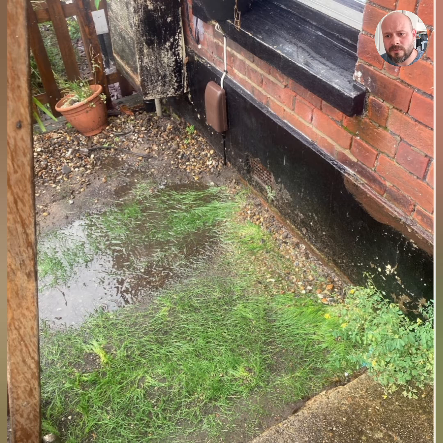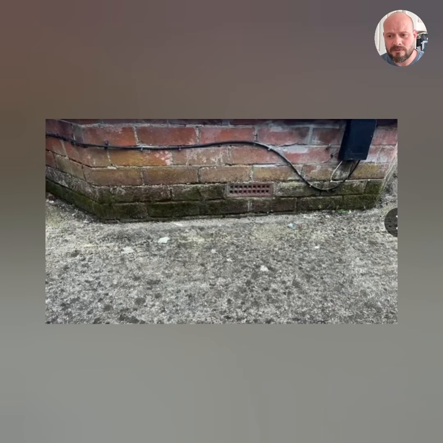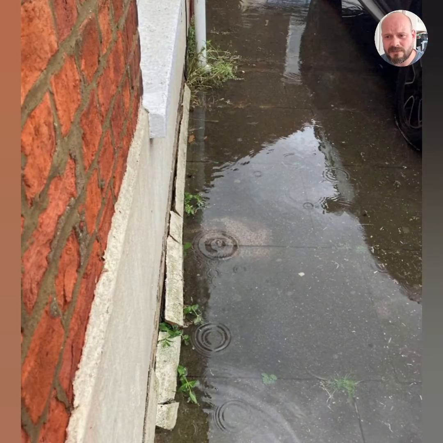Another image here, we've got a concrete plinth and a negative slope in the front garden, meaning water pooling around the bay. Concrete poured here, tight up to the bay, so concrete slab installed tight to the bay, breaching the damp proof course. All these are very, very common issues that cause penetrating damp.